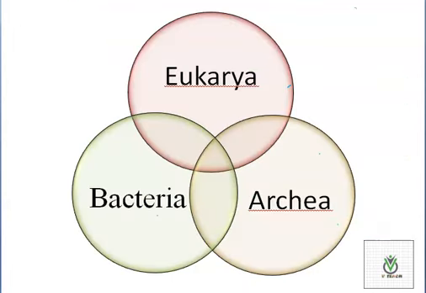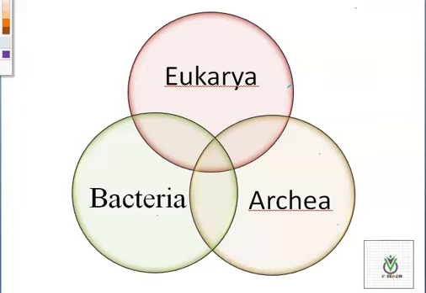So in order to construct a phylogenetic tree or a cladogram, first of all a Venn diagram is created, by which we group the organisms on the basis of the similarities and dissimilarities in their characteristic features.